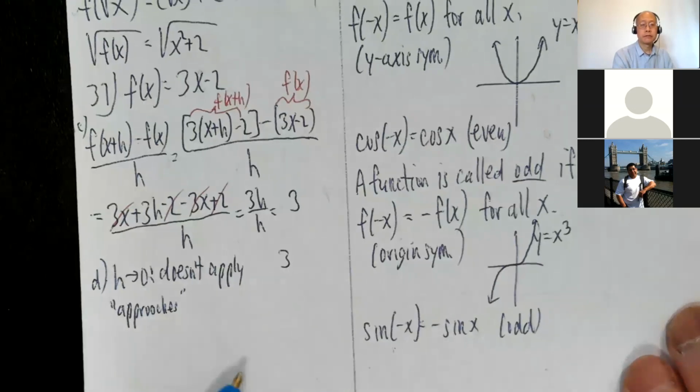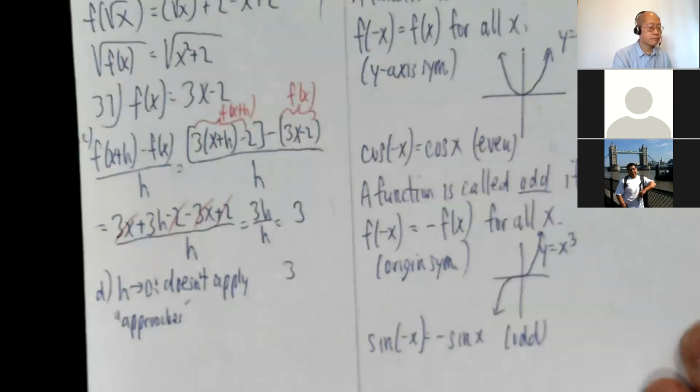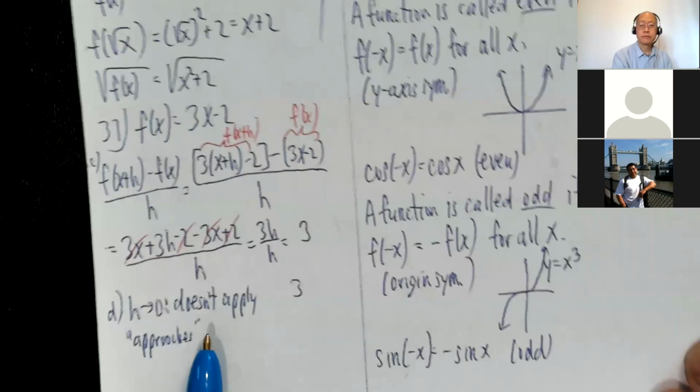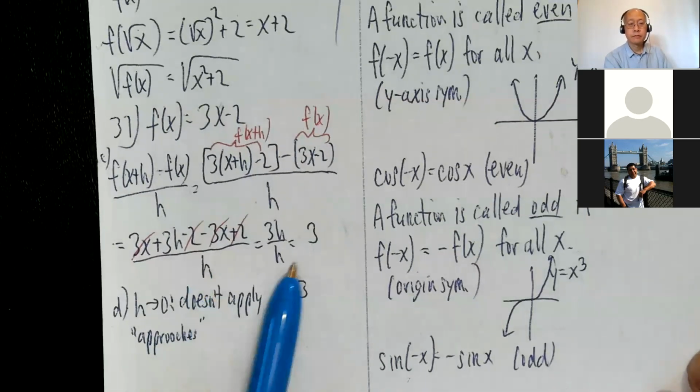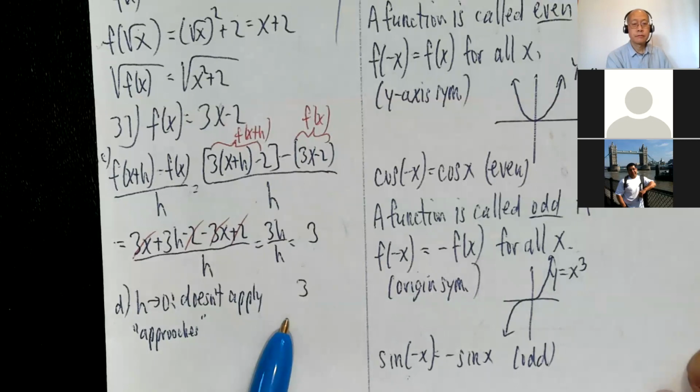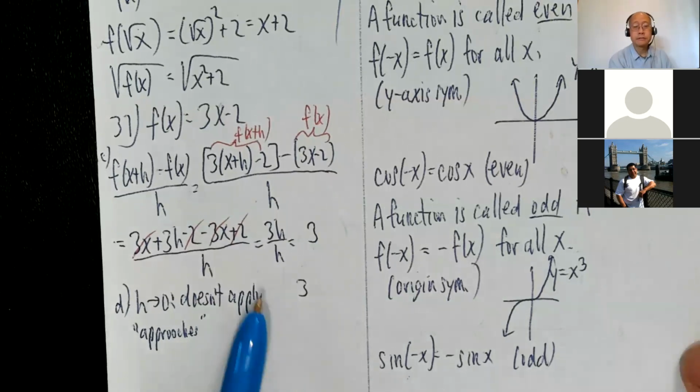Basically, on the problem right here, on C, the final result is 3, right? Correct. But on D, my understanding is that in this formula, f of x plus h minus f of x over h, technically speaking, that's when h approached 0, but never touched 0, correct? h approaches 0, correct.